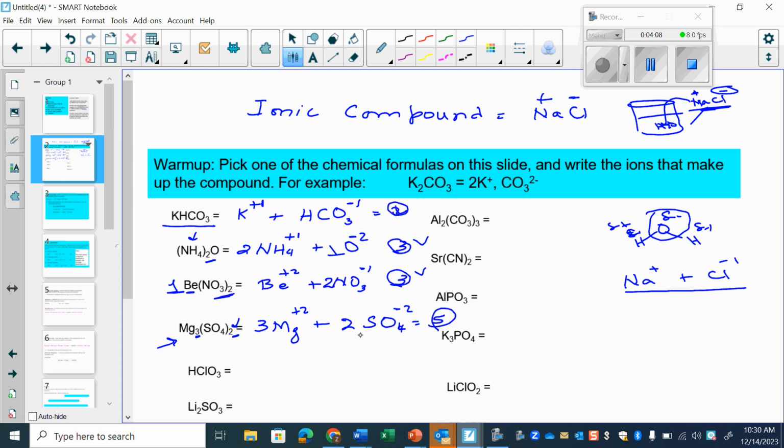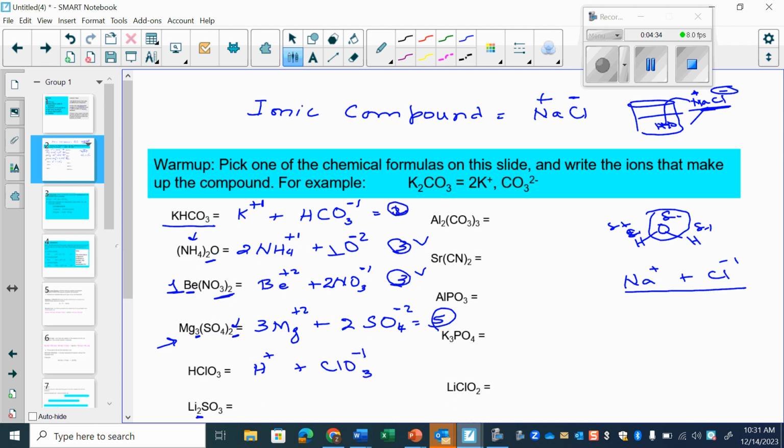If we keep this in mind, we just continue doing this. We continue practicing it, and just split the ions into their cations and anions. So if I keep doing this, I have 1 hydrogen ion and 1 chlorate ion.